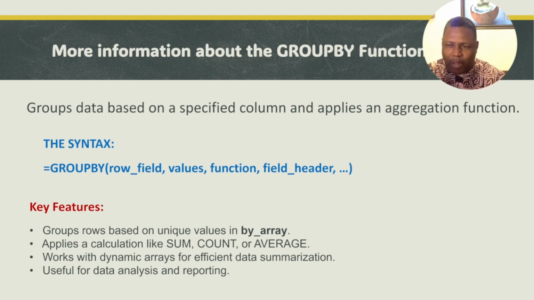Then you have quite a number of optional values that you may want to use. But these four are the very useful ones and the most commonly used ones actually.